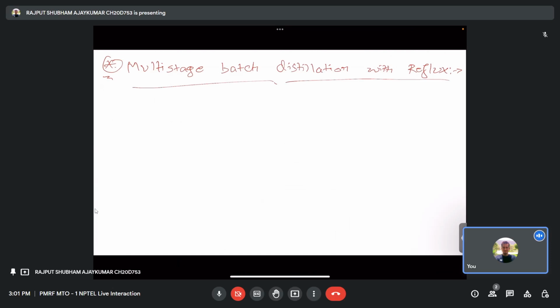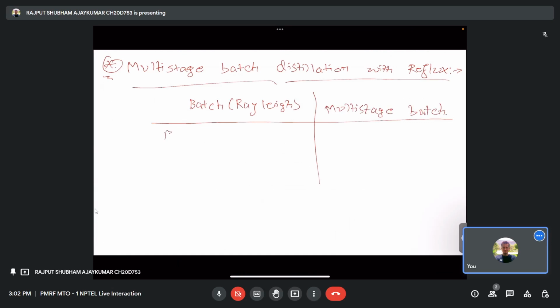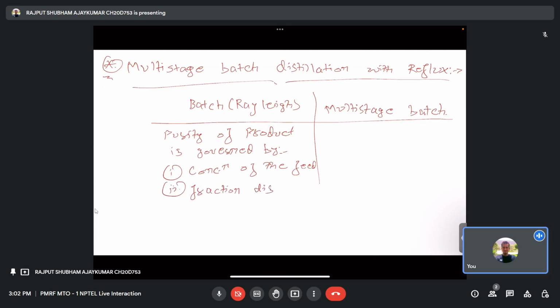So I can say that the difference between the single-stage batch and multi-stage batch: in single-stage batch, the purity of the product is governed by, the first one, concentration of the feed, the second one, fraction distilled out.